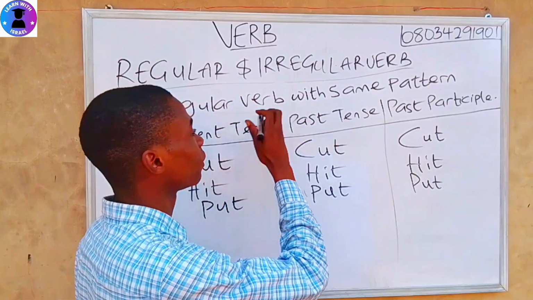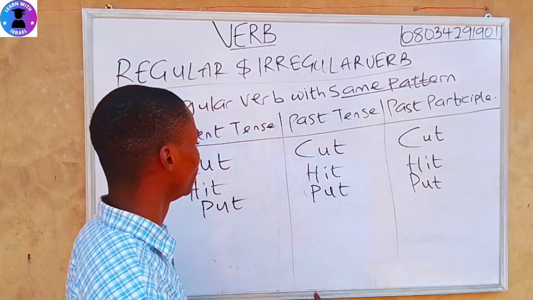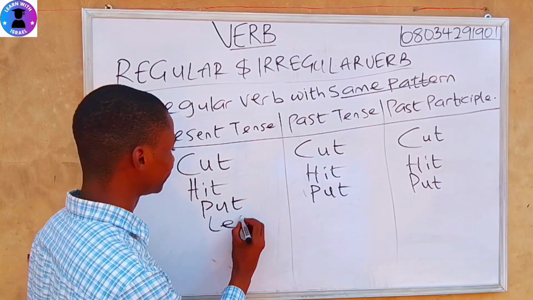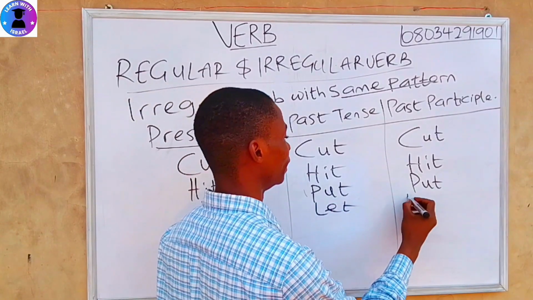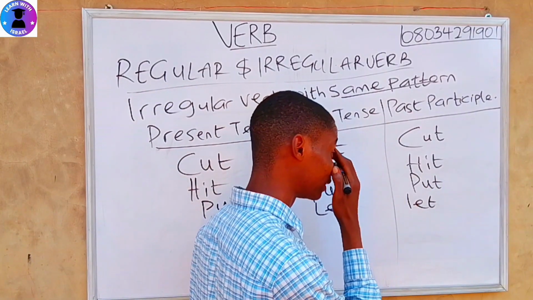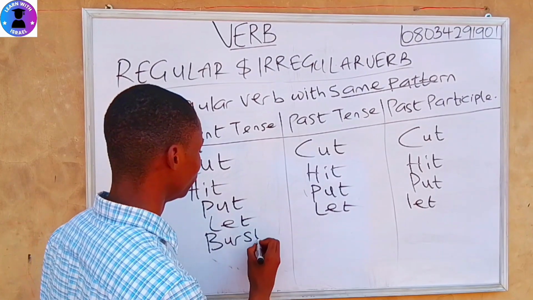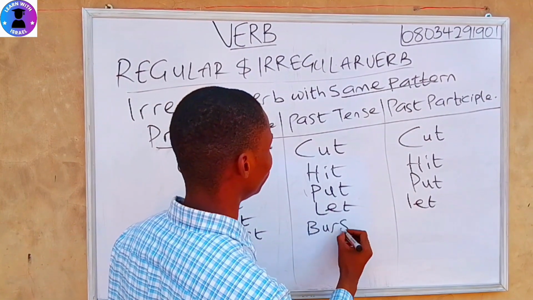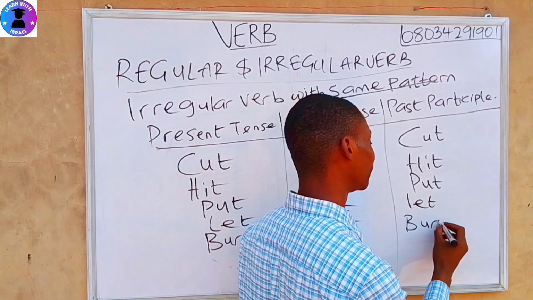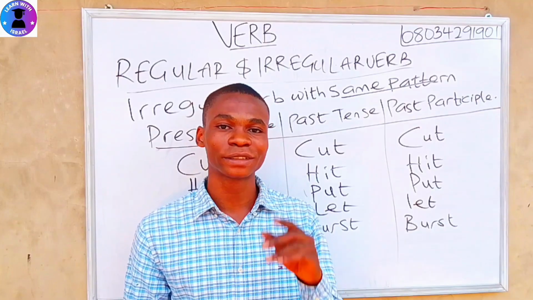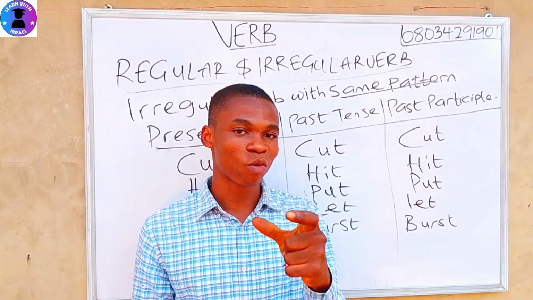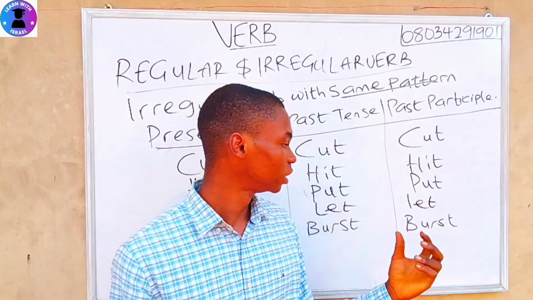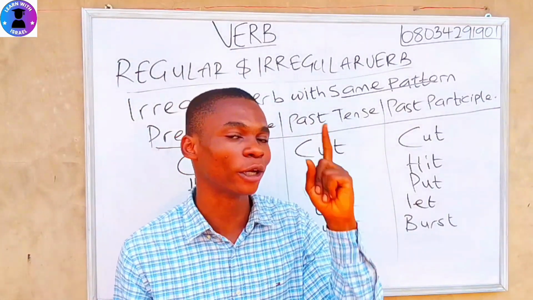So we are discussing irregular verbs with the same pattern. Another one, let, let, let. Bust, bust, bust. There is nothing like busted. There is a JAMB question that requires the option to include bust, and they also put busted there.